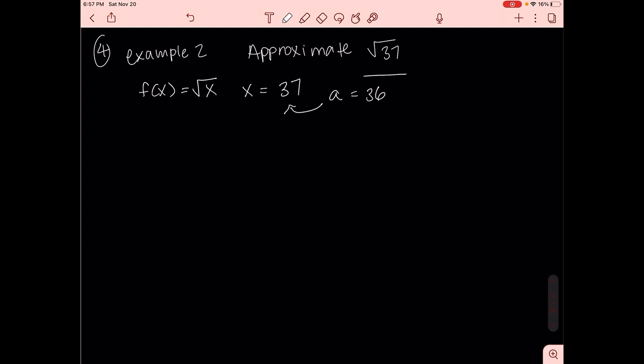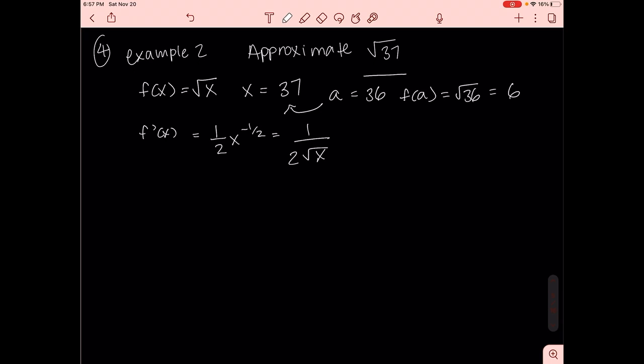So if a is 36, f of a is equal to the square root of 36, which is equal to 6, and let's calculate f prime of a. So f prime of x is equal to 1/2 x to the negative 1/2, which is equal to 1 over 2 square root x.